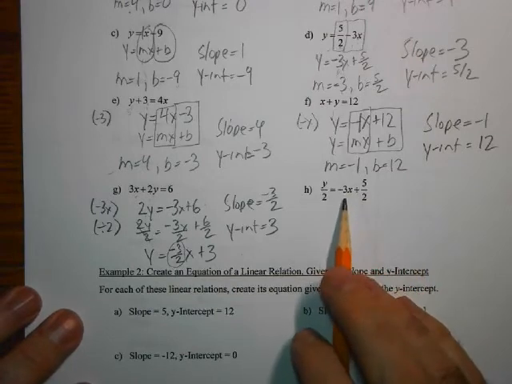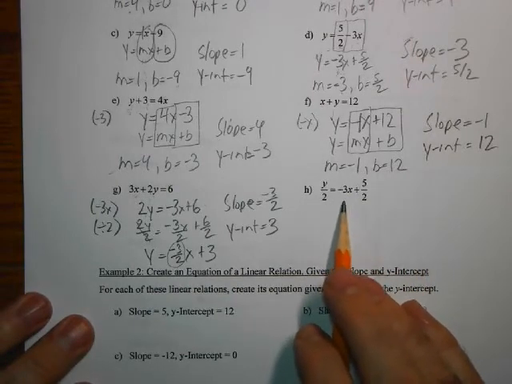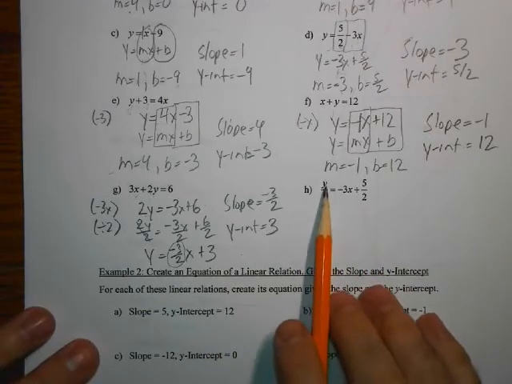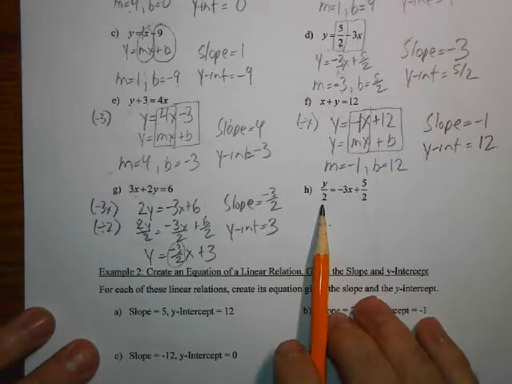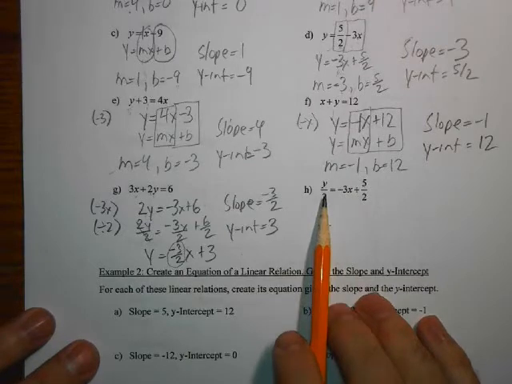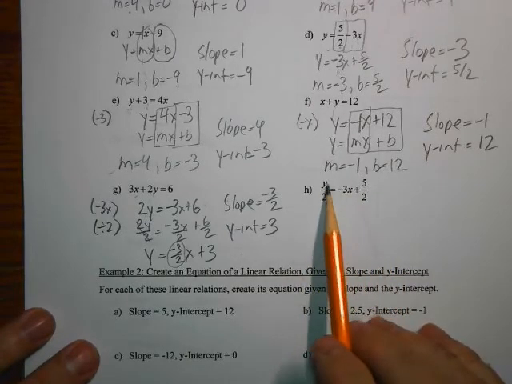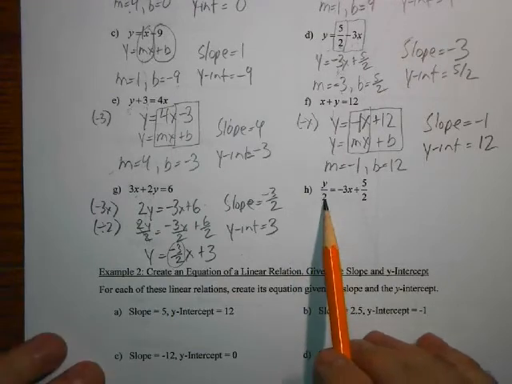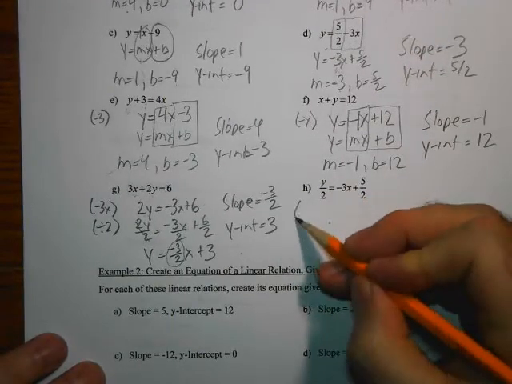This one here, we have y divided by 2 is equal to negative 3x plus 5/2. So not quite the way we want. We don't want y divided by 2, we want y. If I'm dividing y by 2, the opposite of dividing by 2 is multiplying by 2.